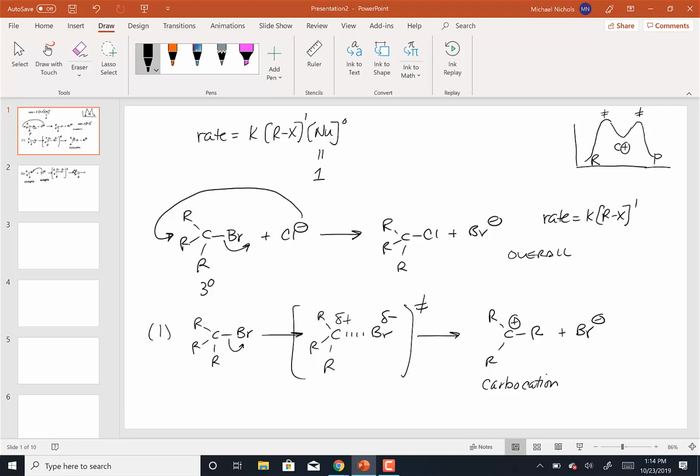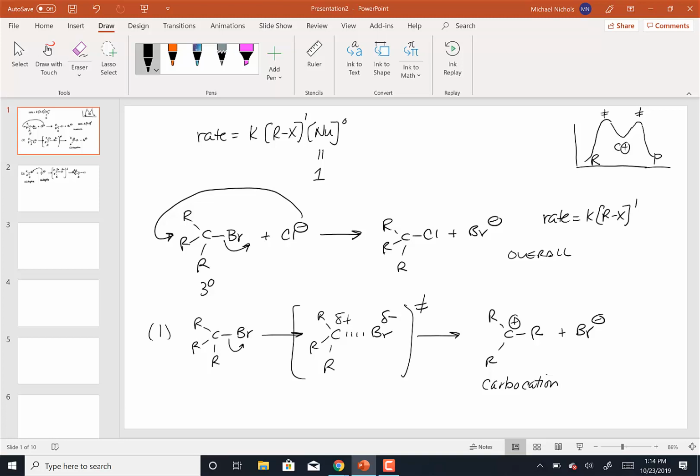Now they still have a high energy, but the difference between a transition state and an intermediate is the intermediate could possibly be placed in a bottle and studied. Not all of them. Some of them are really super unstable, so we can't study them, but other ones we could. And so the carbocations, it's possible to form them.